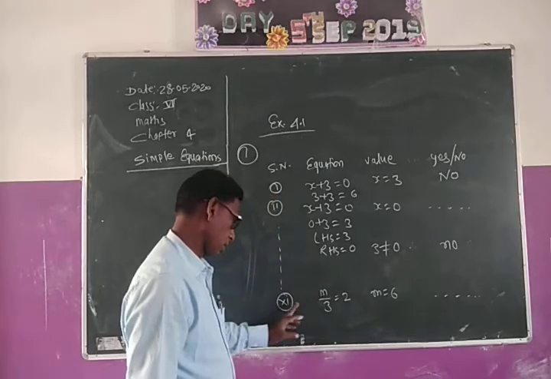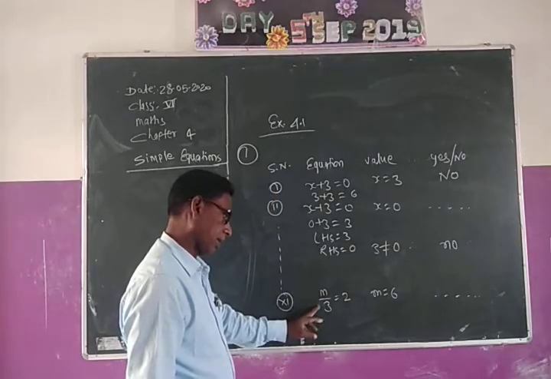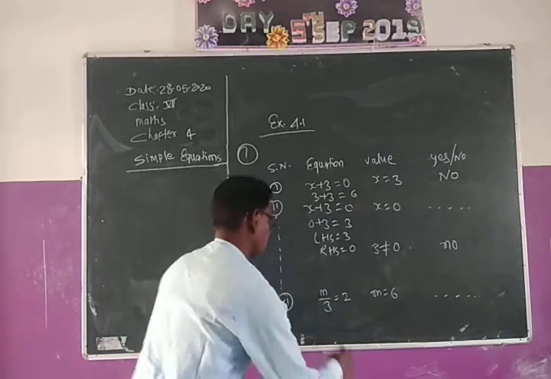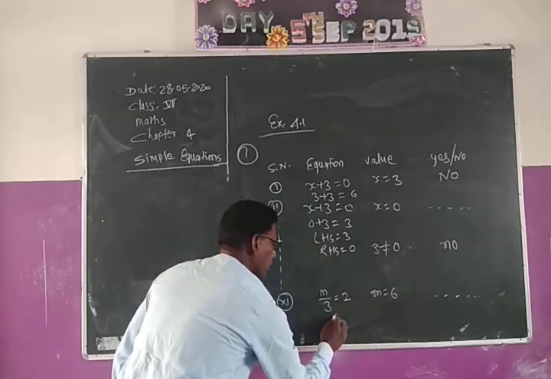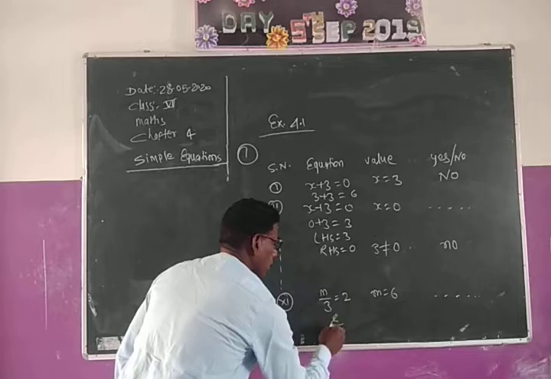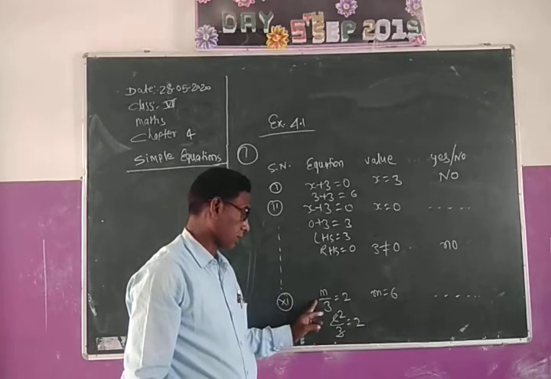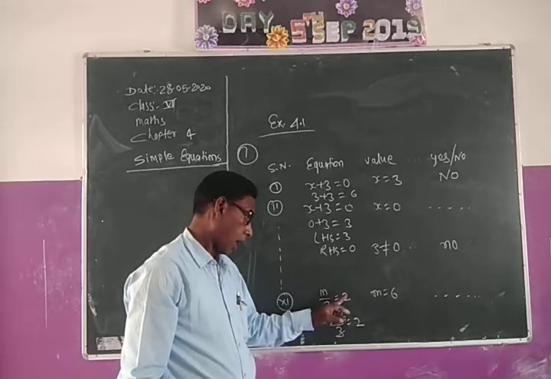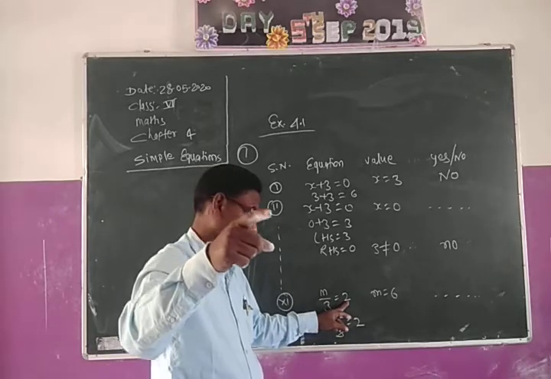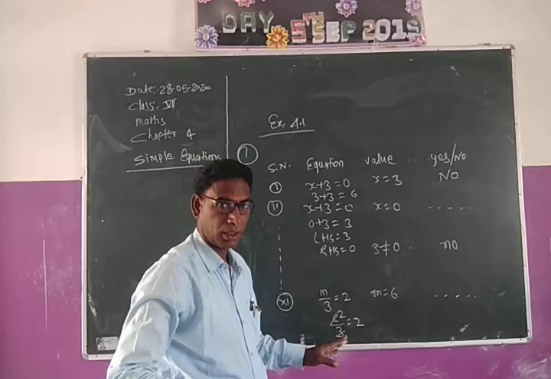Question 11. m by 3 is equal to 2, m is equal to 6. Value of m 6 by 3. Here LHS is 2, RHS is also 2. Both are equal.